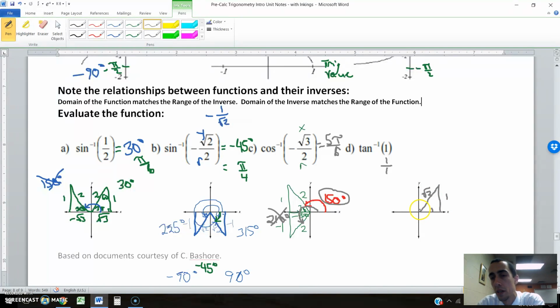Can I do any other triangles where the y over x would be 1? Over in quadrant 3, if y is negative 1 and x is negative 1, that would also be y over x equal to 1. In this case, it would just be negative 1 over negative 1.